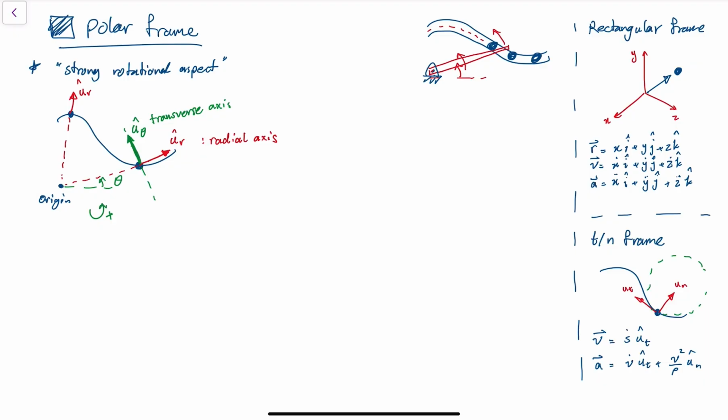So let me add this. In this particular case, u_theta would be here. These are perpendicular and in the direction of increasing theta. So that's how we define the frame itself.